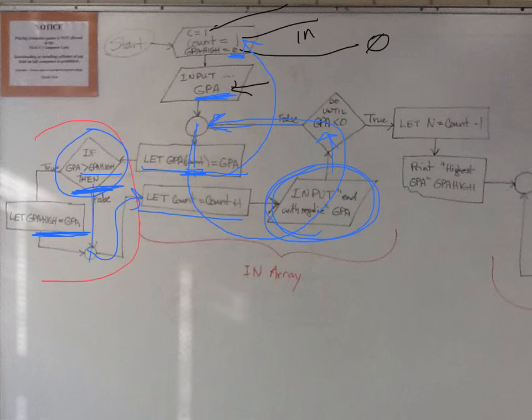If not, we go here. If it is, we substitute that one in as the largest, come back, and so this process continues, and when we get done, we're going to have all the GPAs in an array, and we will have recorded the highest one.